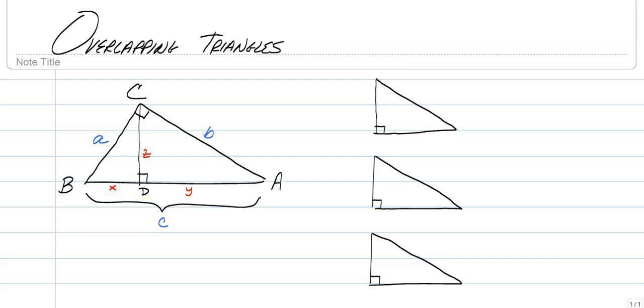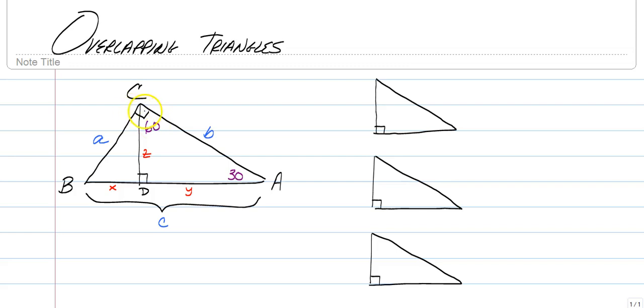Let me show you how we come up with the similarity part first. We're going to pretend, this is not always true, but we're going to pretend that this angle A is 30 degrees. If we work in this side, because this is 90, this has no choice but to be 60, because triangles must add up to 180.